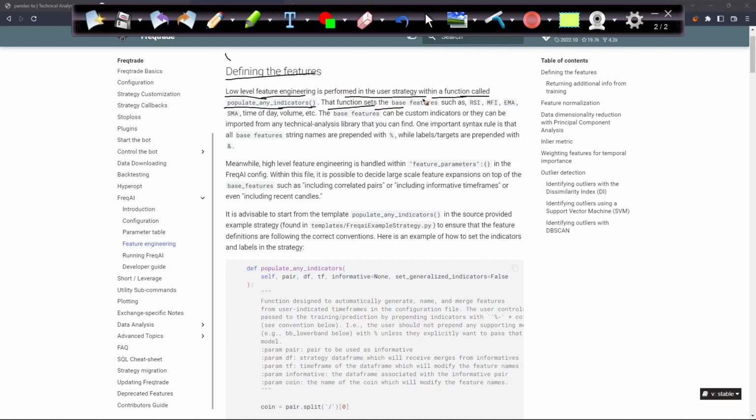That function sets the base features such as RSI, MFI, EMA, SMA, time of the day, volume, etc. The base features can be custom indicators or they can be imported from any technical analysis library that you can find. One important syntax rule is that all base features string names are prepended with percentage sign, while labels targets are prepended with ampersand.